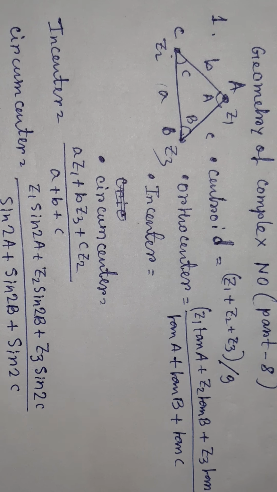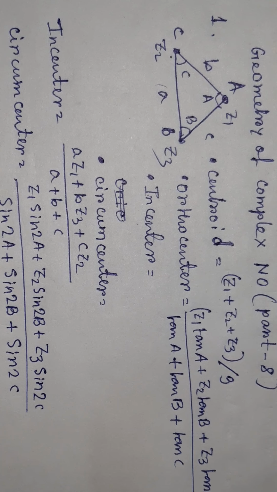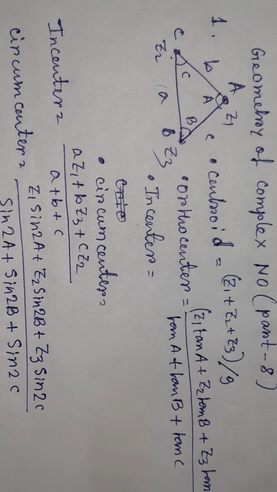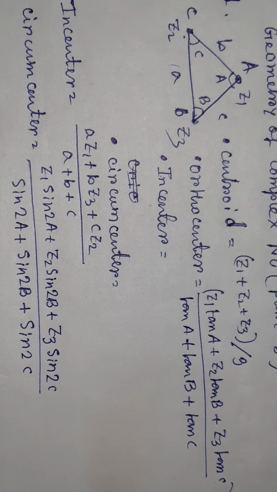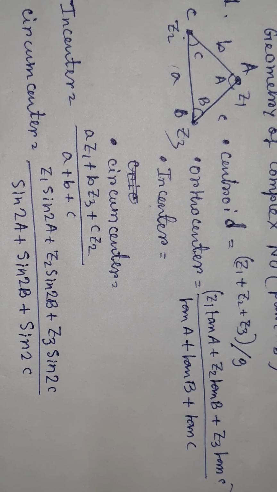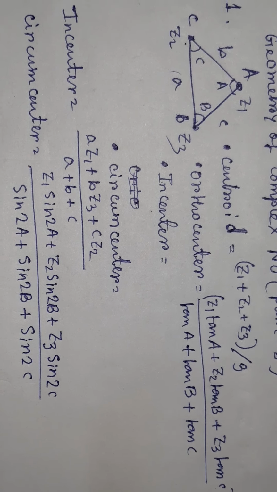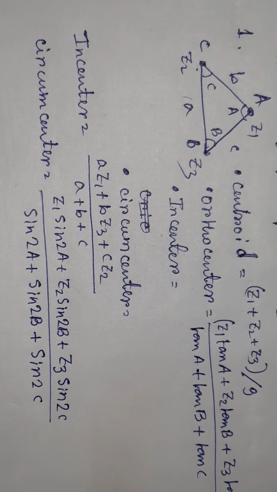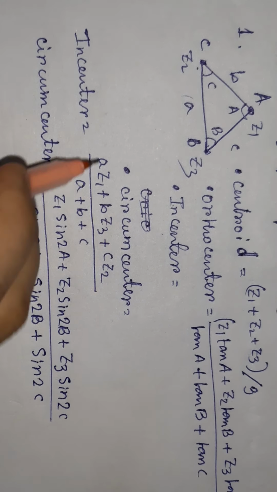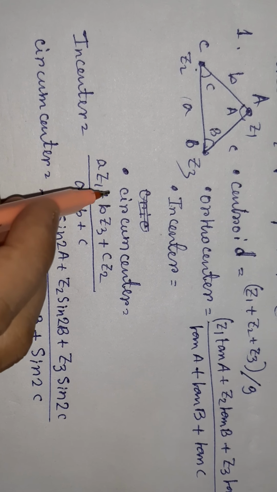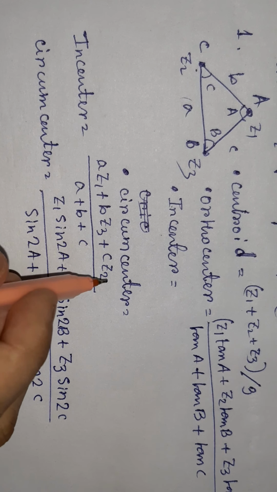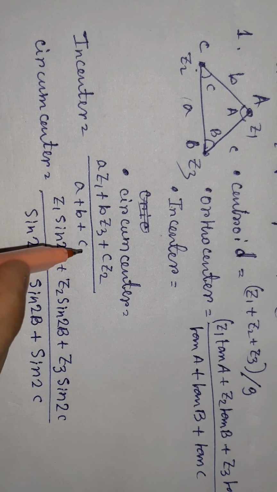The centroid is simply the sum of the complex numbers z1, z2, z3 divided by 3, and the orthocenter is z1 tan A plus z2 tan B plus z3 tan C divided by the sum of the tangents, tan A plus tan B plus tan C. The incenter is side length a into z1, the opposite complex number, plus b into z3 plus c into z2, divided by a plus b plus c.